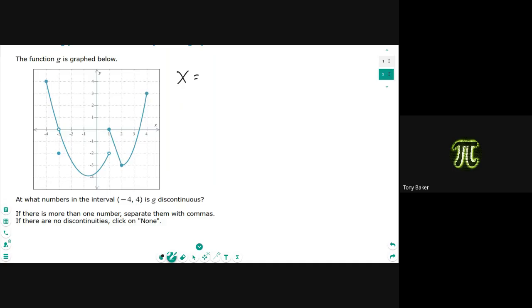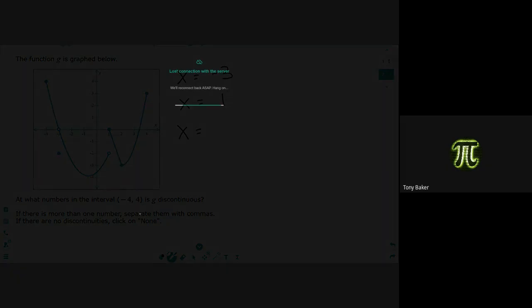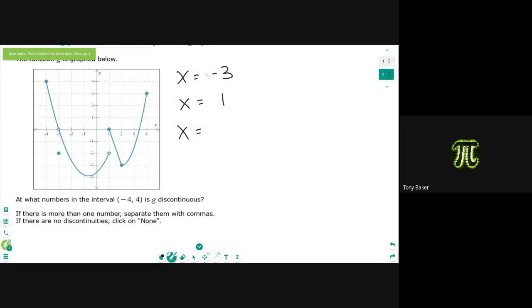Where's one of them? No, because it's got the bracket, so it doesn't actually go to that point. So yeah, you're fine there. So there isn't actually another one.